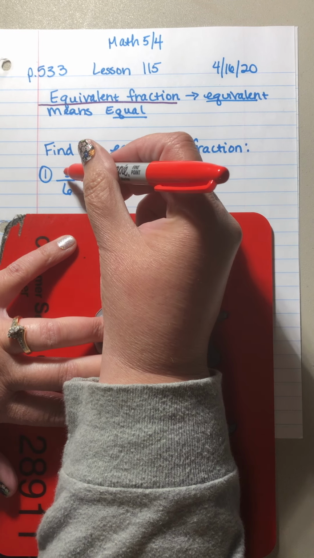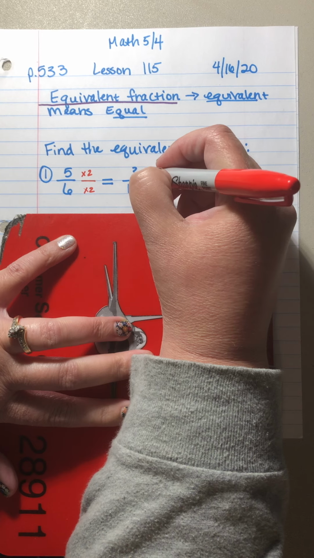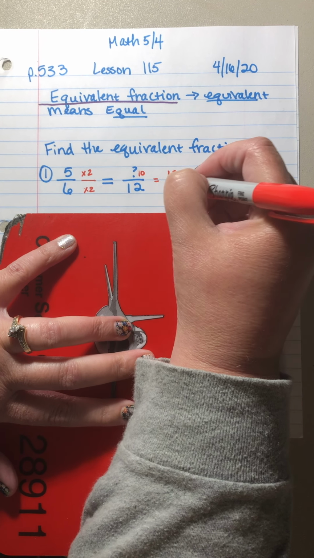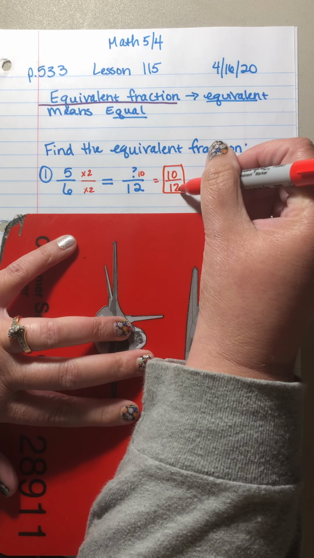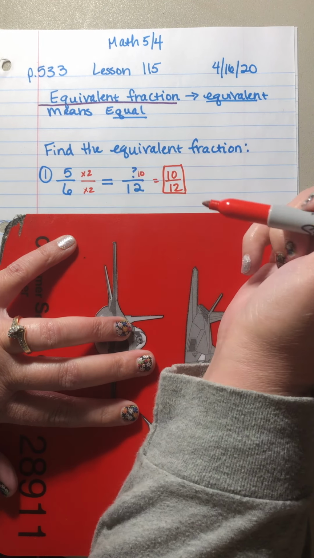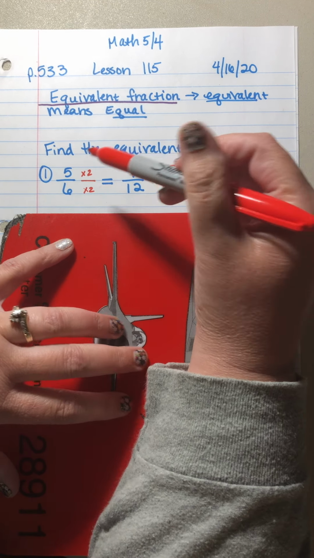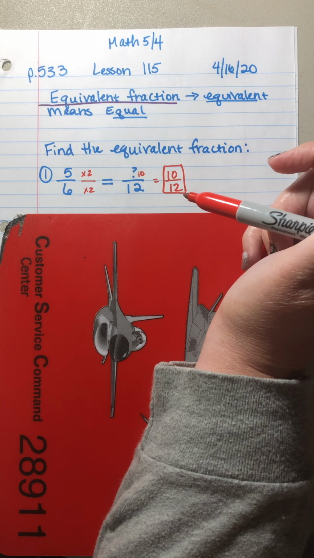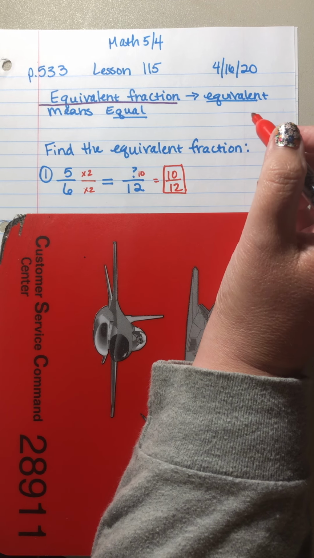Okay? And 5 times 2 gives me 10. So my answer would be 10 twelfths. 10 twelfths is an equivalent fraction to 5/6. We have renamed 5/6 into 10 twelfths. It's just different wording for the same process.